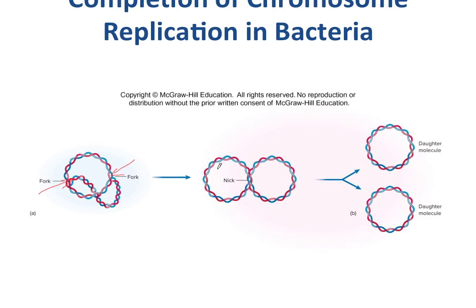Okay, and the direction is from here to here. When they reach the final point, they link together, and once the replication is done, they can separate completely. So those are two separate daughter molecules.